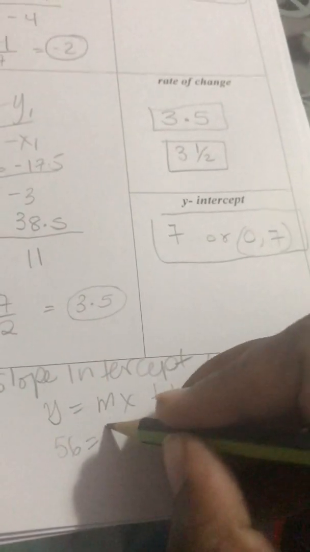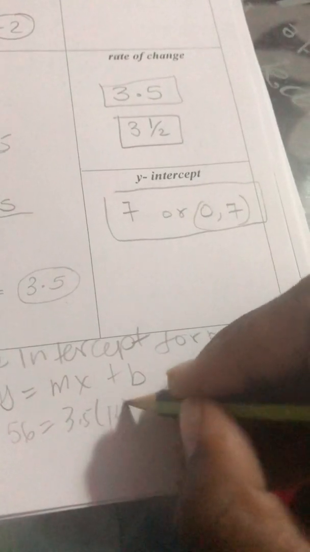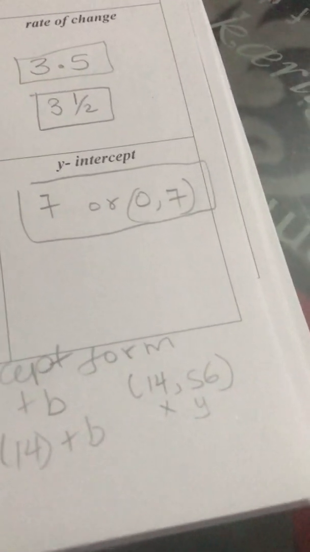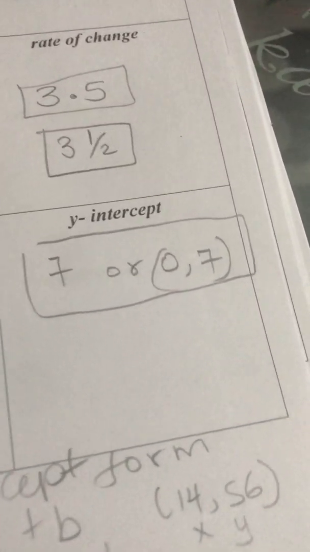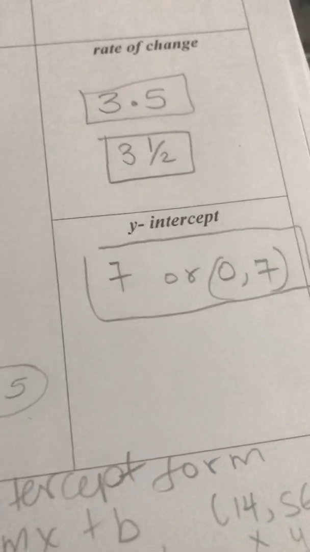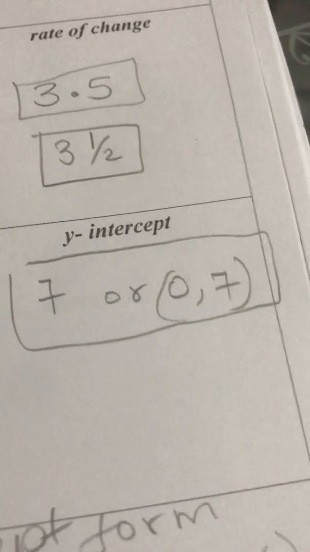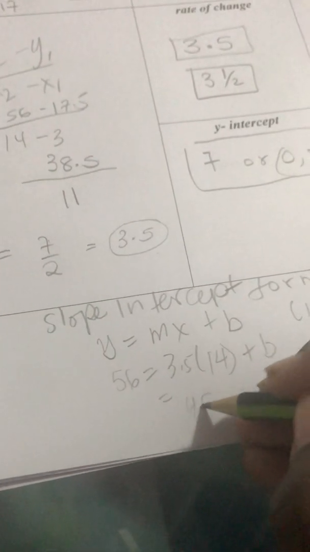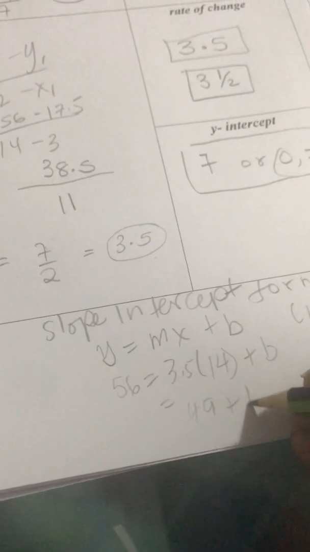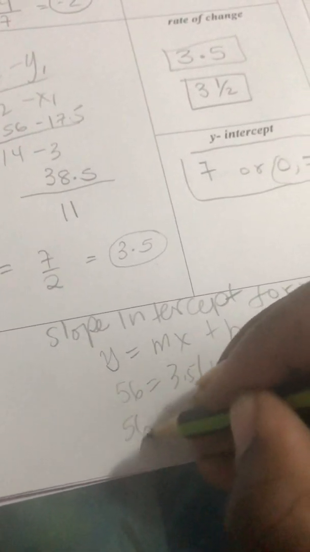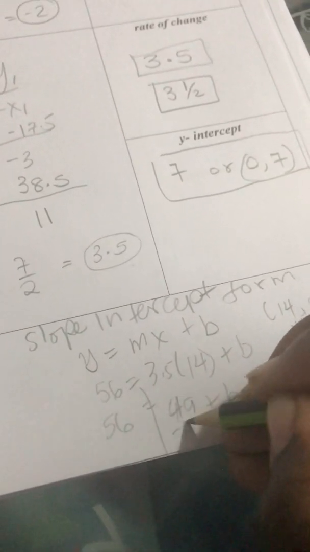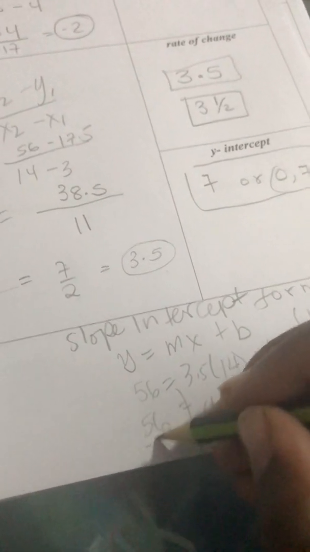My slope is 3.5. My x is 14, plus b. Now we do 3.5 times 14, that should give me 49. So that's 49 plus b equals 56. Then I draw my bridge. I subtract 49 on both sides.